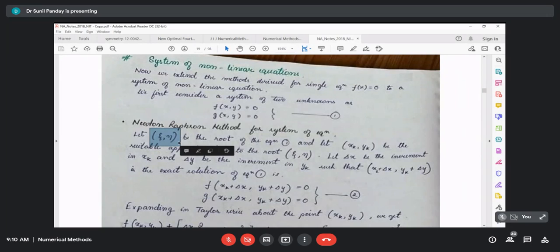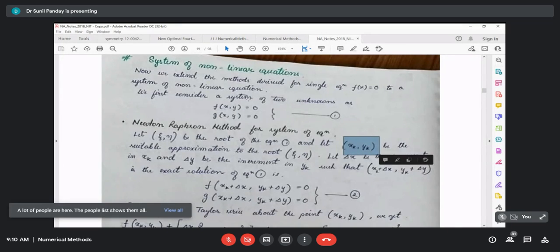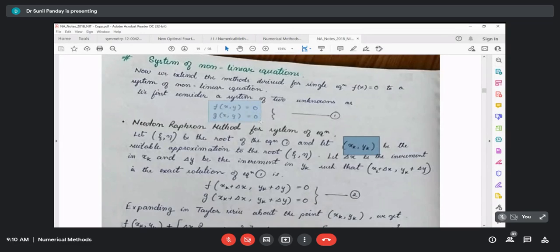If I substitute x equals xi and y equals eta, on the left hand side I will get 0. So suppose this is the root, and now let xk, yk be the approximate root. If I substitute x equals xk and y equals yk, I will not get exactly 0, but near to 0, like 0.0001.